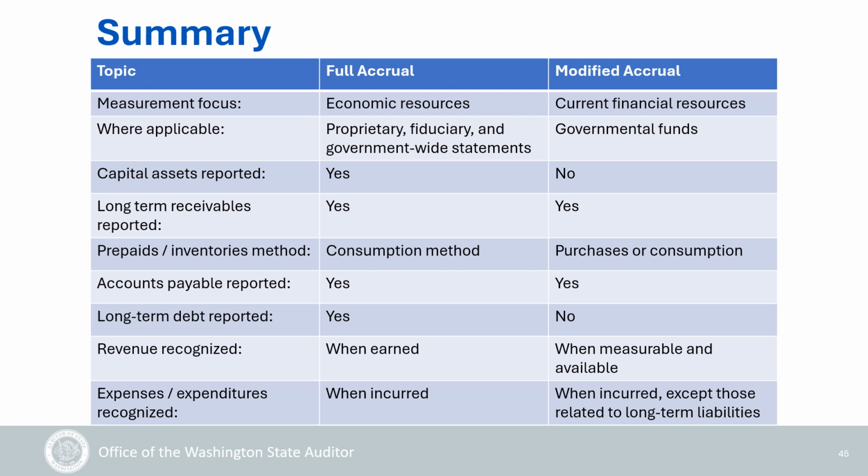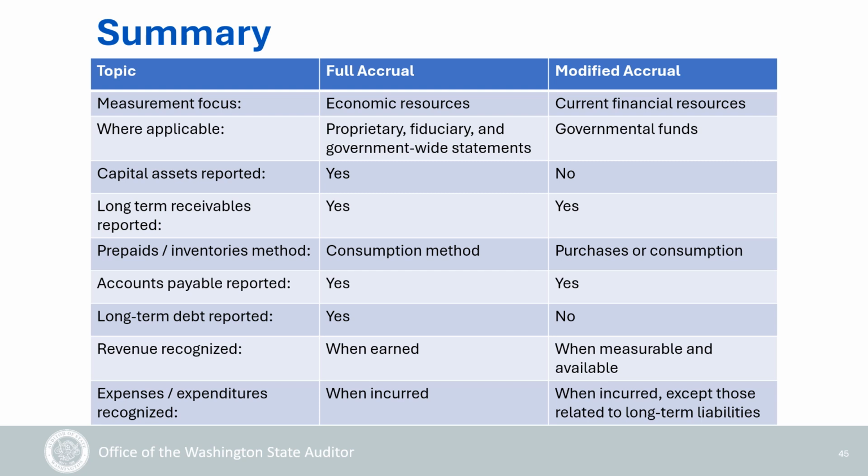So here's a summary of the differences that we covered between full accrual and modified accrual. Under full accrual, we use the economic resources measurement focus. It applies to fiduciary funds, proprietary funds, and government-wide financial statements.